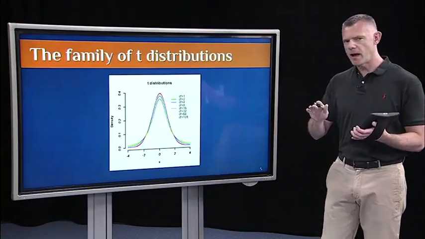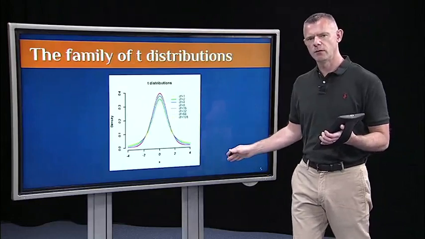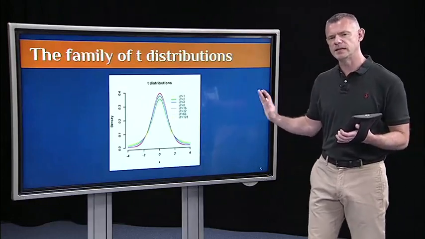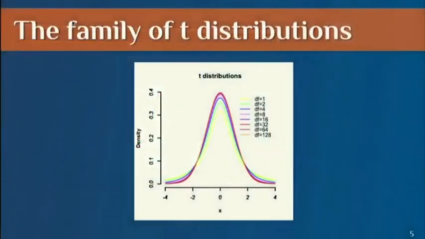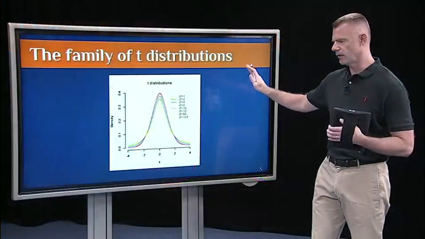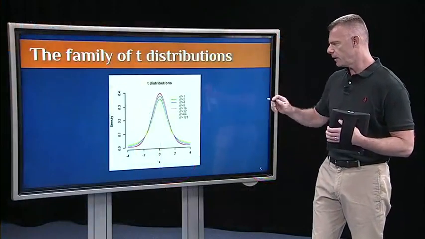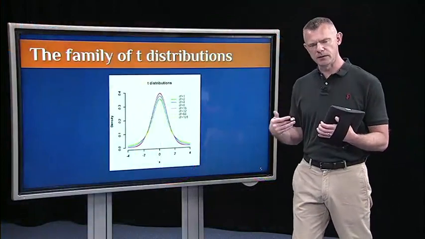So if we think about sampling distributions, remember, this was the family of T distributions. These are all sampling distributions. They vary slightly, remember, due to sample size. So these degrees of freedom, that's just n minus 1 in the simplest case. So you can think of that as sample size. But each of these are sampling distributions.